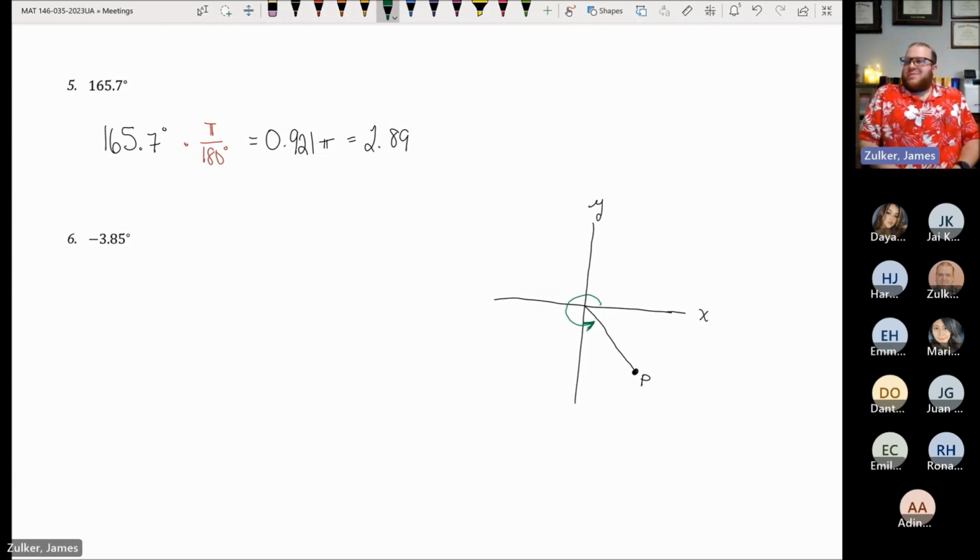When dealing with rotation, the positive direction is counterclockwise.